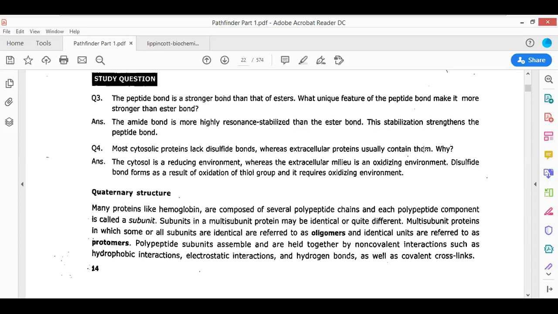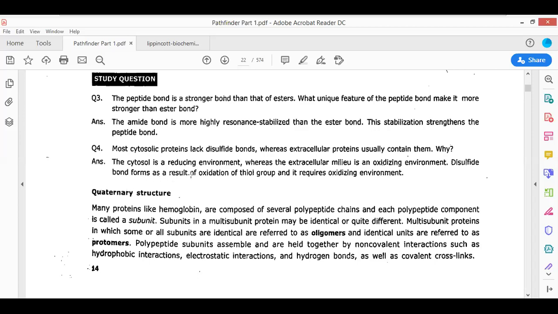This is a very important point. The cytosol has a reducing environment. The cytosolic environment is kept reducing with the help of an adequate amount of NADH plus H positive. A higher concentration of NADH plus H positive keeps the environment of the cytosol reducing, whereas the extracellular matrix has an oxidizing environment.